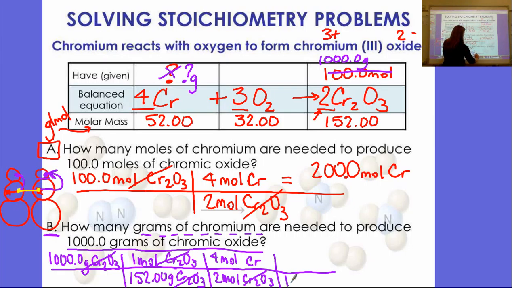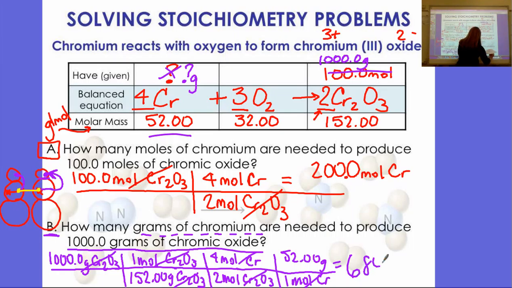I have moles up top, so I need moles on bottom. 1 mole of chromium is 52 grams. Everything cancels. If you multiply 1,000 times 4 times 52, divide by 152, divide by 2, you should get 684.21 grams of chromium.